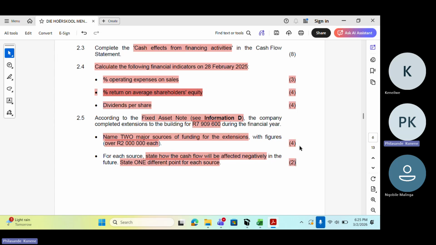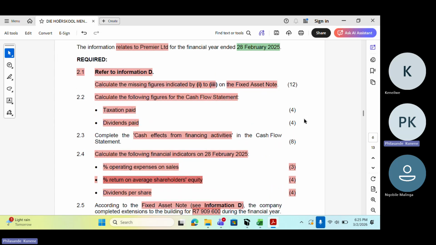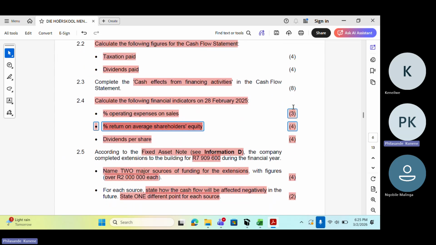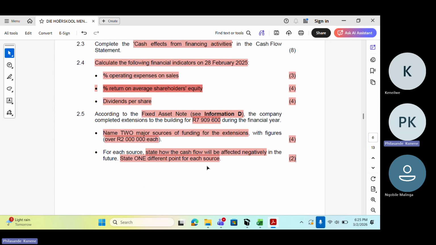You cannot afford to lose these 17 marks in a question just because you're comfortable with the cash flow and you forget about the theory questions in the other financial indicators. No, we must be able to answer these theory questions.